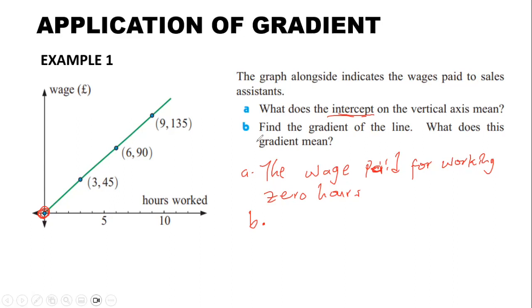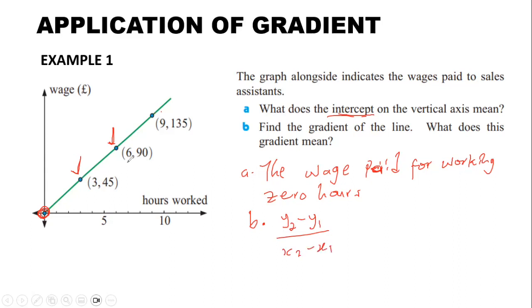B, we are asked to find the gradient of the line. And what does this gradient mean? So first, let's find the gradient of this line using any 2 points on the line. So we can choose this and that, or we can just choose any pair. So let's use this point and this point. We know that gradient is changing y, so y2 minus y1 all over x2 minus x1.